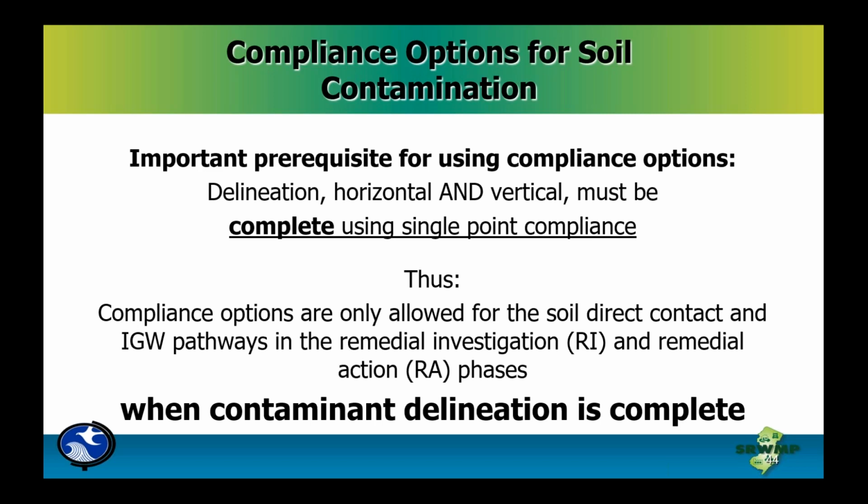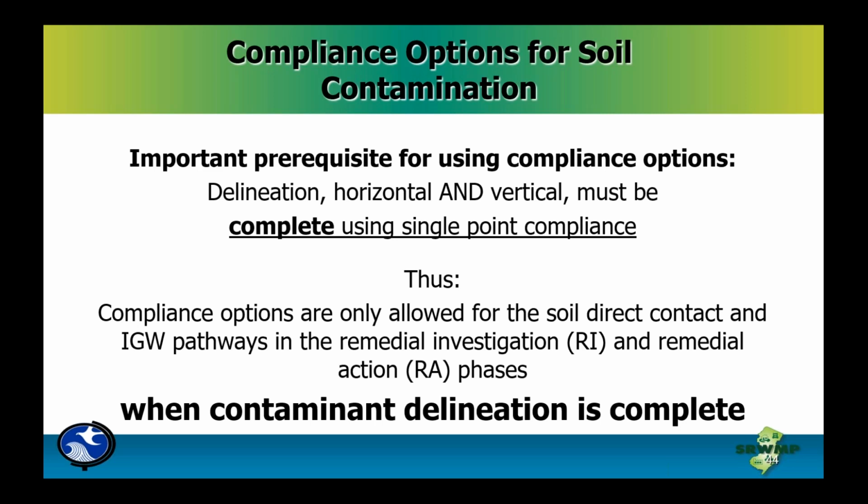You'll see when we go through some of the questions, horizontal can a lot of times be taken care of through your sidewall or base wall samples, but you almost never have vertical. And if it's close to the house, you almost never have samples on the underside of the house. So complete the delineation and go from there. Compliance options are only allowed for soil and direct contact.